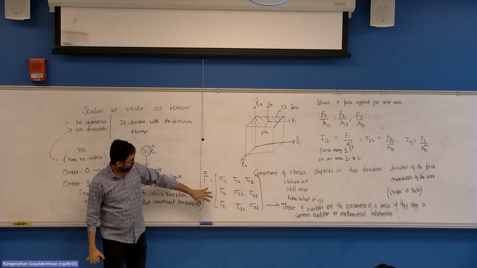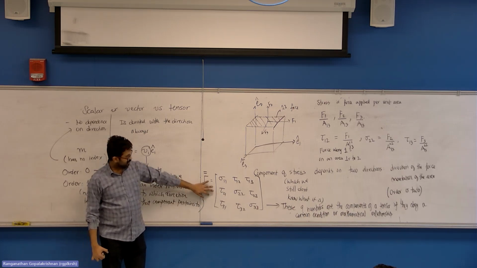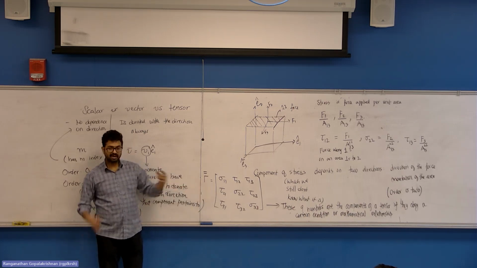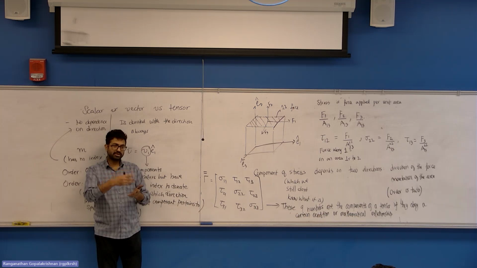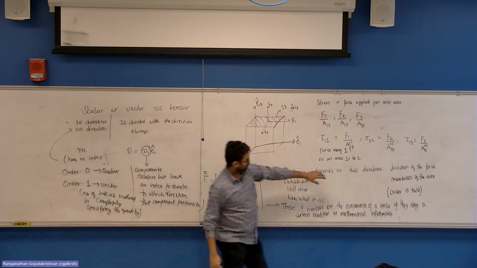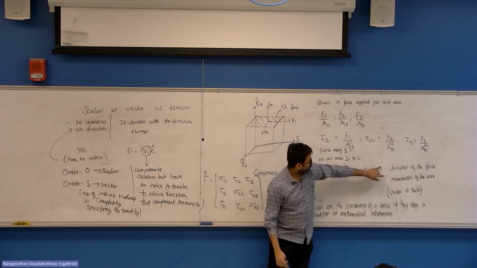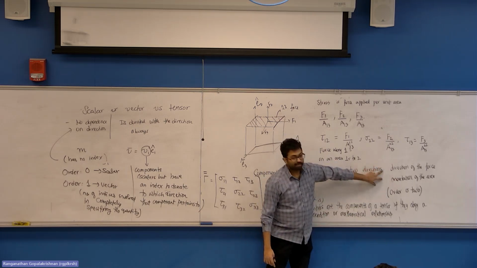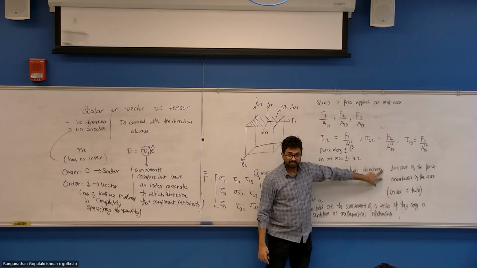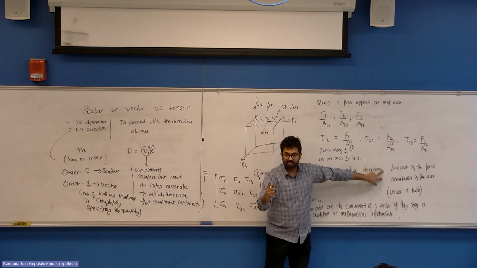So it's like saying the components of the stress are nothing but the stress values in each pair of directions. Like in a vector, it's just easy. You just say a number per direction. Here you have to say a number per pair of directions. For every pair, there is a number.